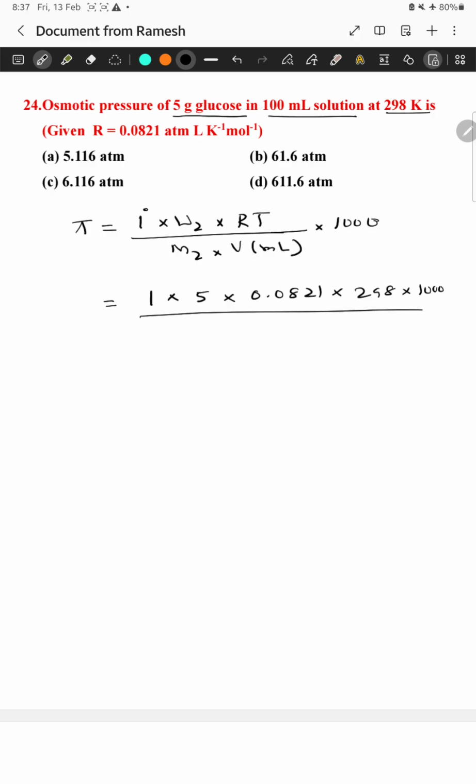What is the molecular formula for glucose? C6H12O6, correct? If you calculate the molar mass of this glucose molecule, it will be 180 gram per mole. You studied in first PUC how to calculate the molecular mass of glucose. Now substitute that here: 180 into volume, which is 100.